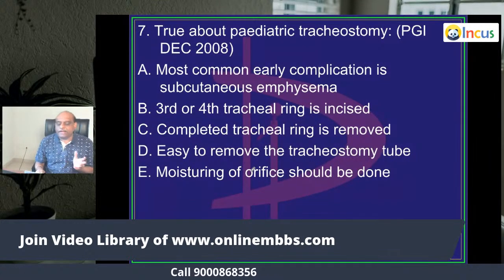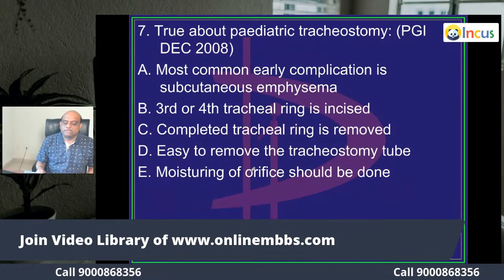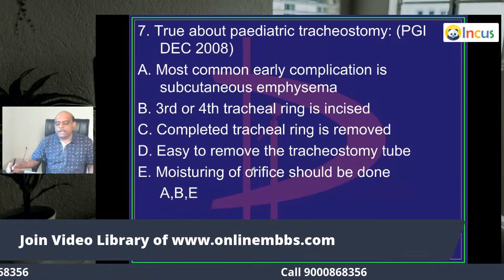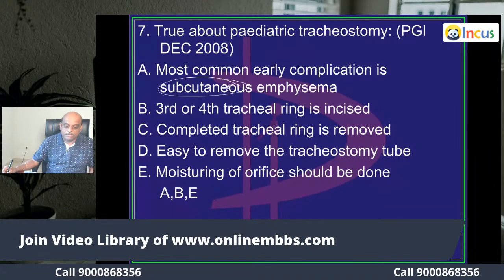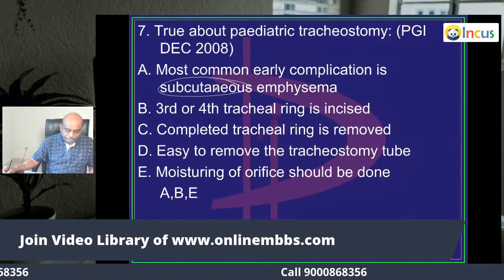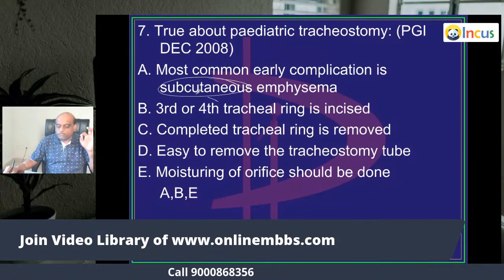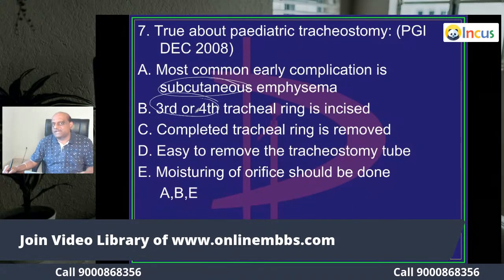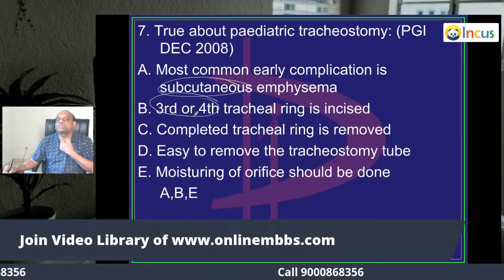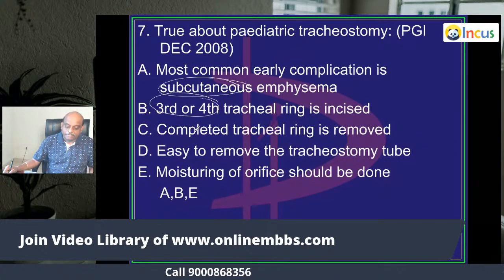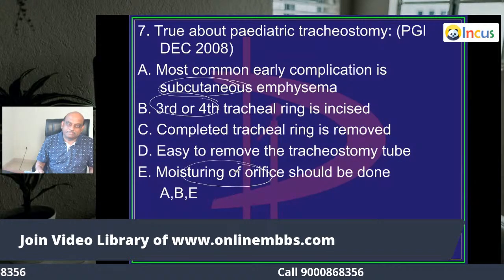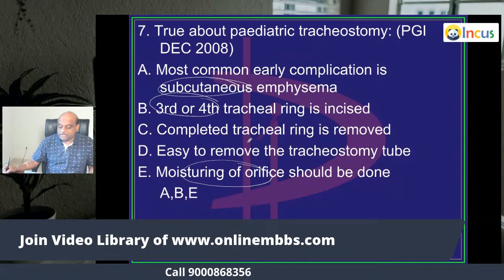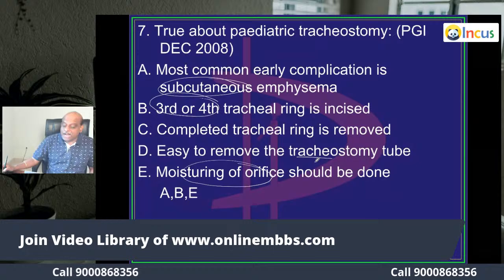About pediatric tracheostomy. The most common early complication is subcutaneous emphysema. It is the third or fourth tracheal ring which is incised. So skin incision is from second to fourth, and moisturizing of the air should be done. It is very difficult to extubate the tracheostomy tube in pediatric tracheostomy.